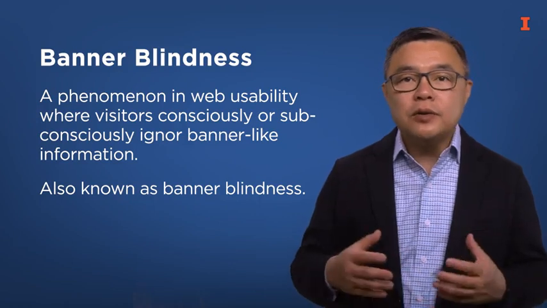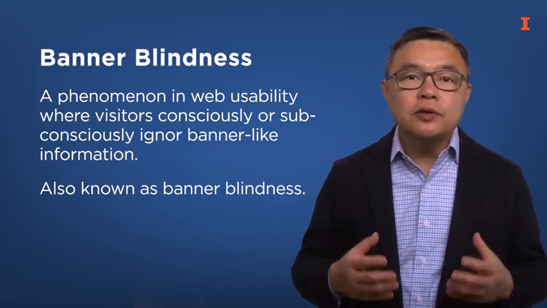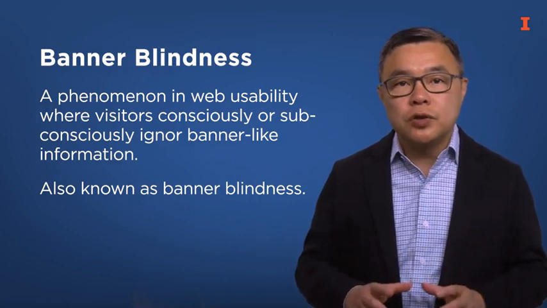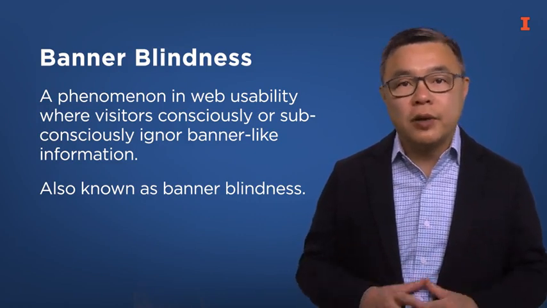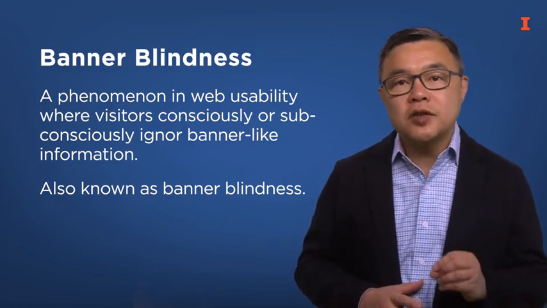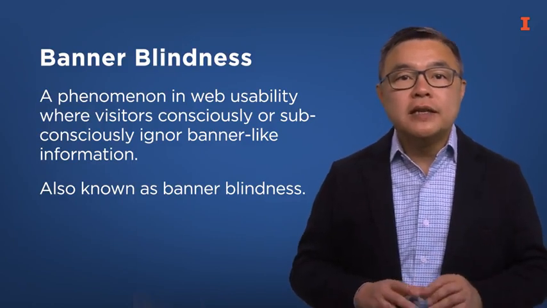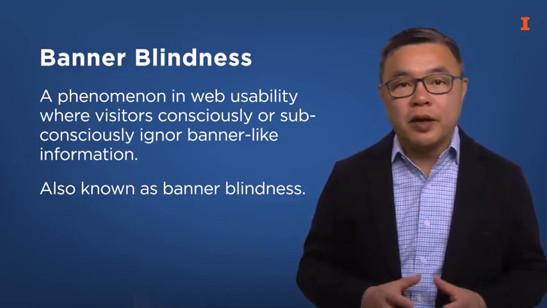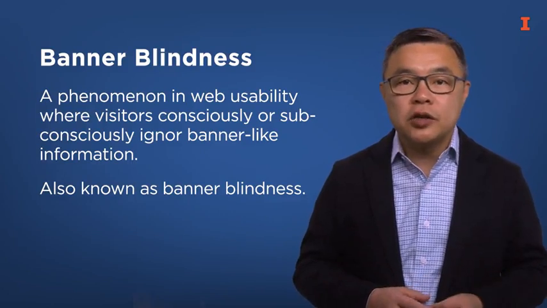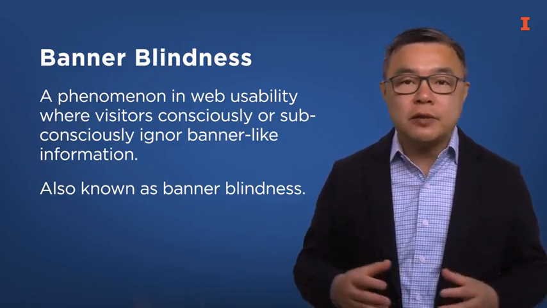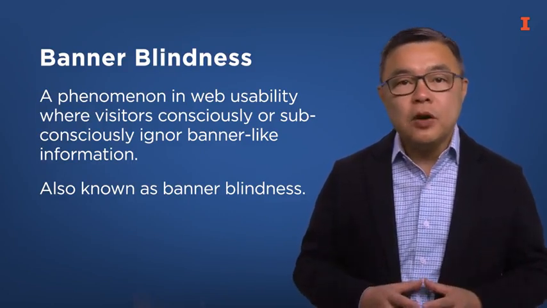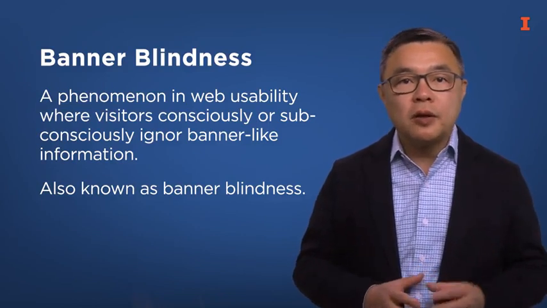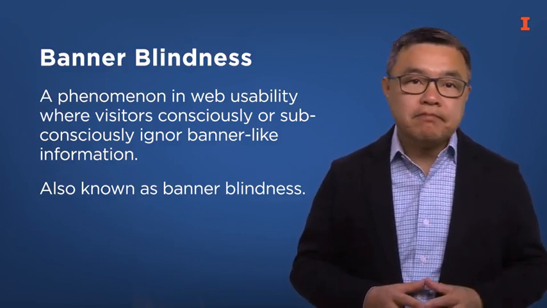However, recent research suggests that web users have gotten so used to the traditional layout of web pages, they start to consciously or subconsciously dismiss certain regions on the web page, such as the top banner position, to avoid advertising messages. Researchers call this phenomenon banner blindness.